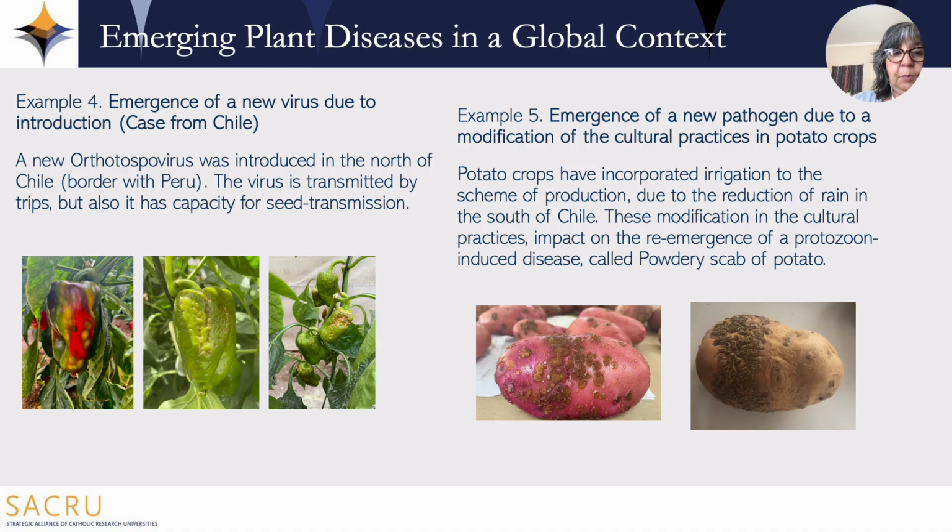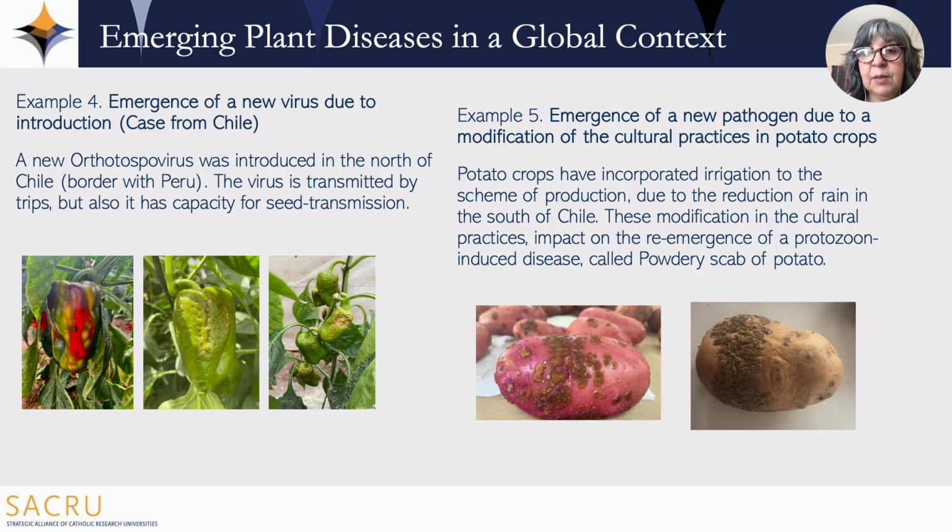The problem is this virus emerged in the north of Chile, on the border with Peru. This virus was described in Peru for the first time, and then moved to Chile, probably with movement of people. Arica, the region where we are working with this pathogen, is on the border with Peru. But now this virus has spread up to the center of Chile, and you have to consider that Chile is really long.